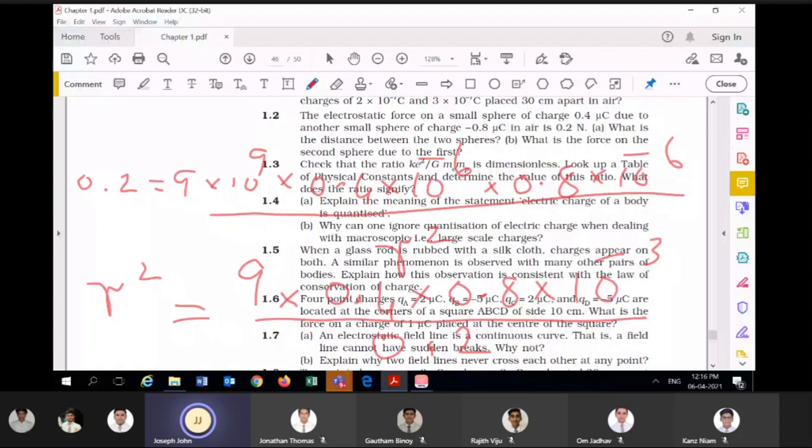What is the R squared value coming? 144 something, it comes, I think. Therefore, R is equal to 12 into 10 raised to minus 2.